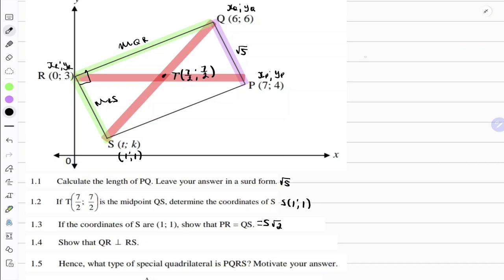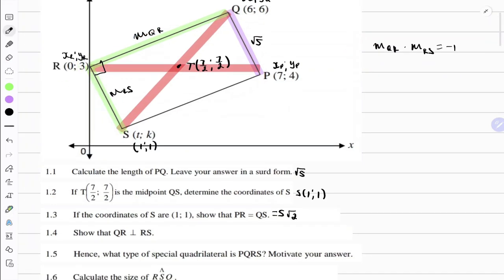So we need to prove this condition: MQR times MRS is equal to negative 1. Whenever we want to show that lines are perpendicular, we need to show that when multiplying their gradients, you get negative 1. So let's see if this condition holds true for the given case.